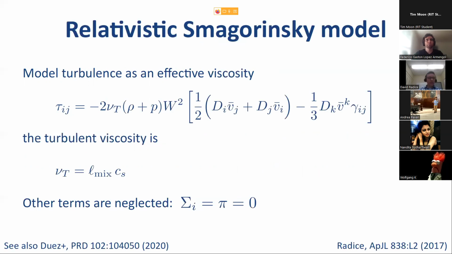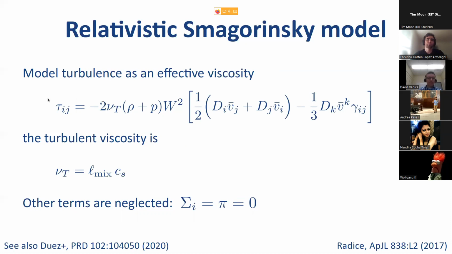One approach that we have experimented with is to only model the turbulence stress tensor, which in the Newtonian case is the only term that appears in Newtonian incompressible turbulence, and treat the other ones as being subdominant. And this is what is implemented in my code.